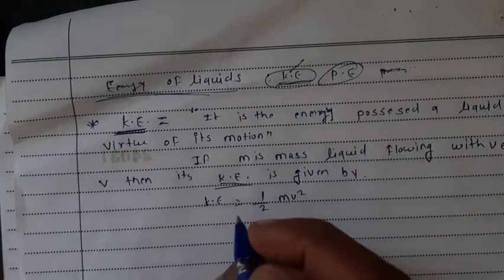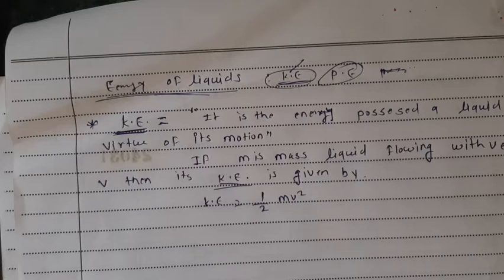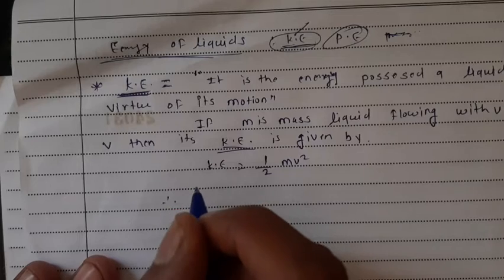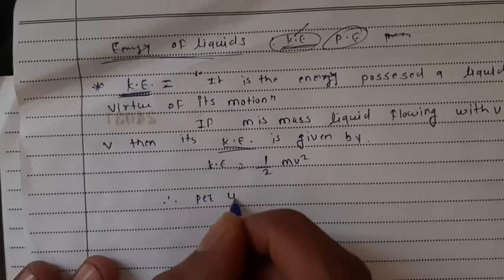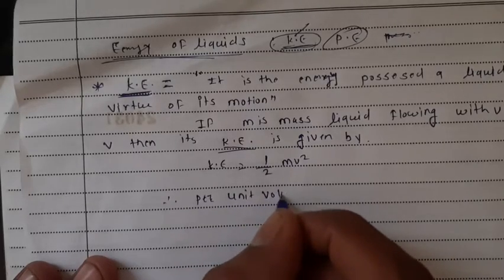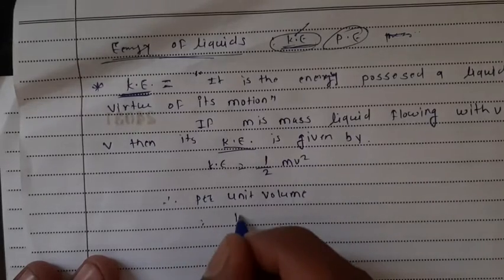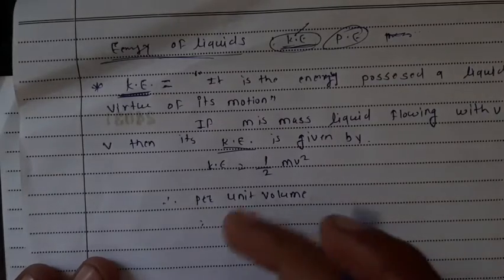Now this is for the entire liquid, and we cannot say exactly what this quantity is, so it is better to express it per unit volume. Therefore, kinetic energy per unit volume is equal to kinetic energy upon volume. Let us say capital V is the total volume of the liquid.